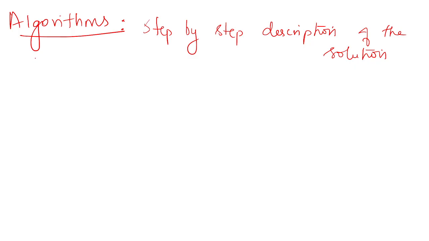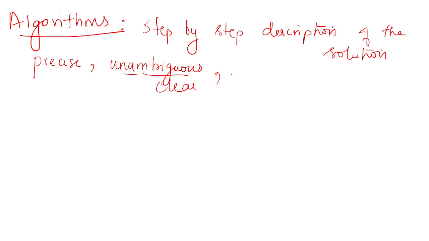And the algorithm you write has to be precise, very accurate. The steps have to be very precise and very clear. The clarity we express with the word unambiguous, that is, there should not be any confusion. And the steps should terminate. Finally, the solution should terminate.